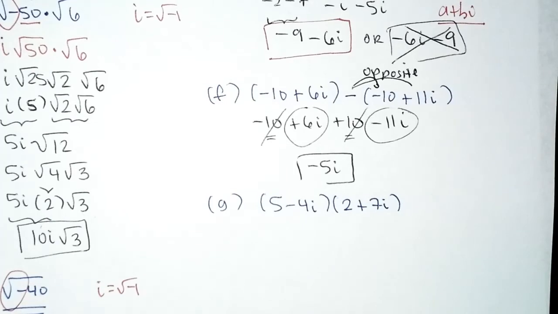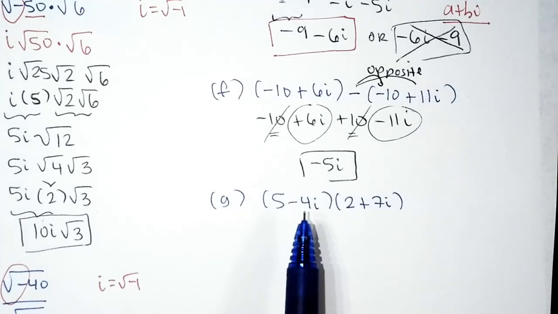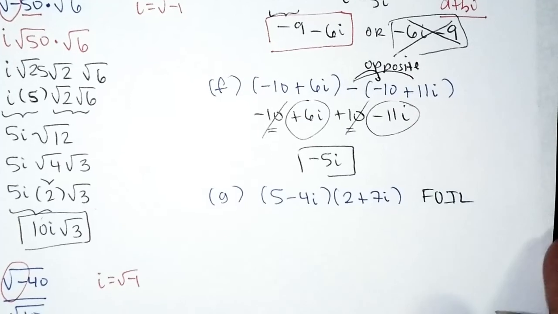So the question is, how do we multiply complex numbers? To multiply complex numbers, you multiply like they were polynomials, or to be more specific, like they were binomials. If we had binomials, we would just FOIL it out, and it's no different here. So let's FOIL it out, take care of our four products, combine what we can, and then we're good.